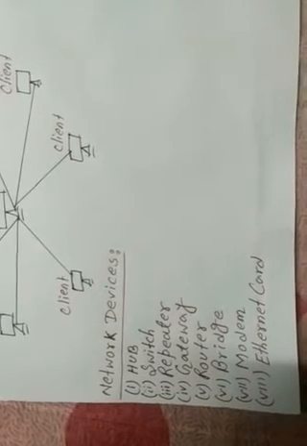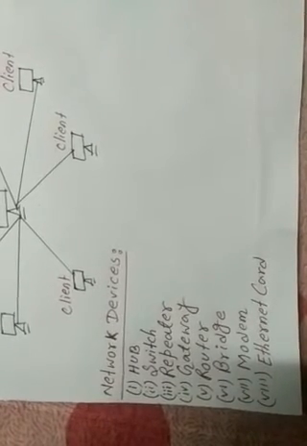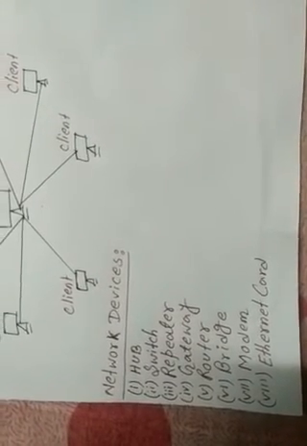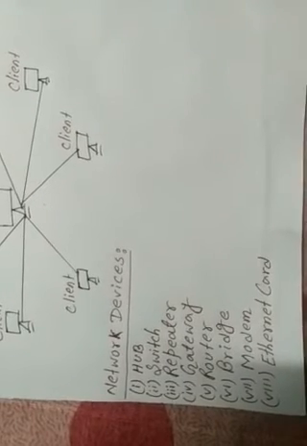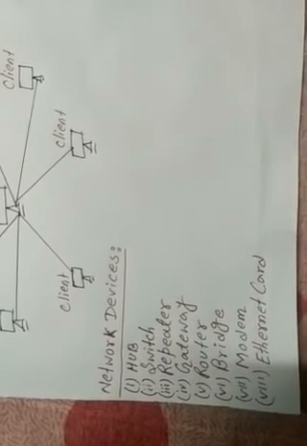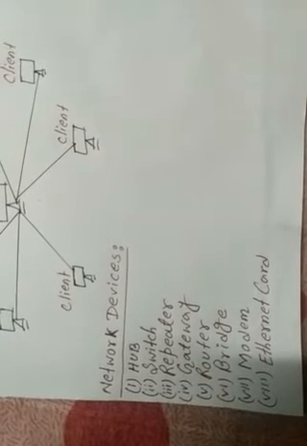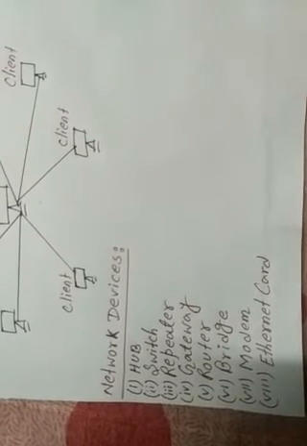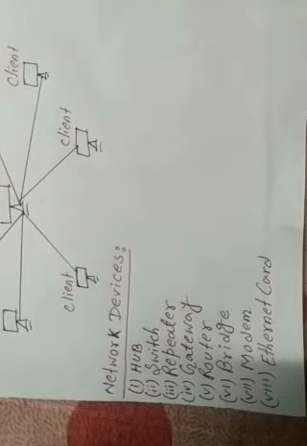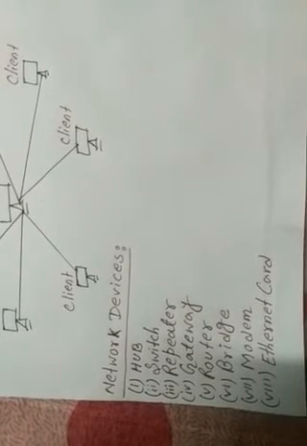Then repeater. The data signals generally become too weak or corrupted if they travel a long distance. So repeater regenerates the signal over the same network. Then gateway.